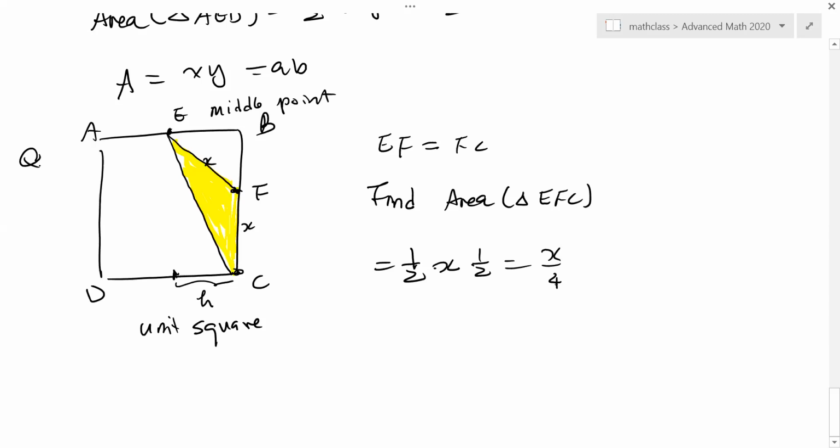Okay, so I'm going to give you 1 minute to think about it. Is there any right triangle there? Yes. And you can maybe try to get a new right triangle or use the existing right triangle. And then you write down the equation in x and you solve it, okay? Now you just need to find x.